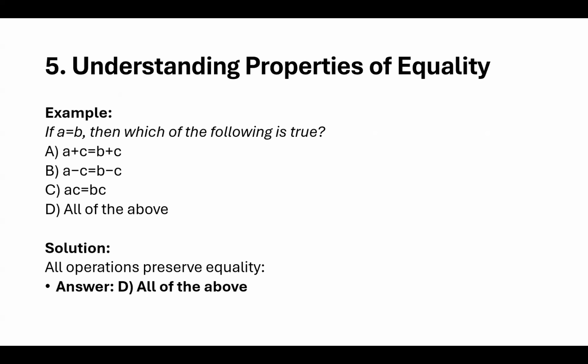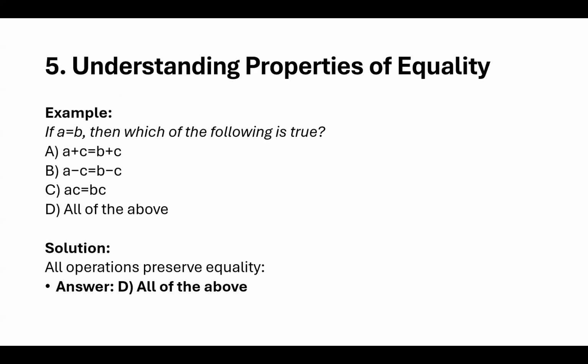The fifth skill is to understand the property of equality, right? That is when we are given that A equals B, then we can multiply the same value or variable on both sides, right? We can also divide by the same number or value on both sides, or even we can multiply by a third variable or number C on both sides.